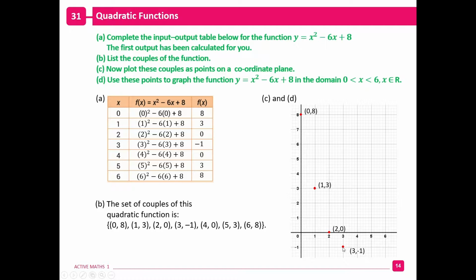Here's our point. (4, 0), level with 4 on the x and 0 on the y, so it's here. (5, 3), 5 on the x, +3 on the y, and we go up here. And then the last one is 6 on the x and up to 8 on the y.